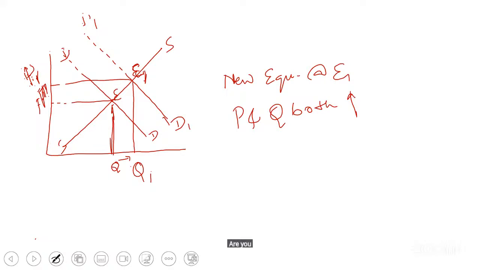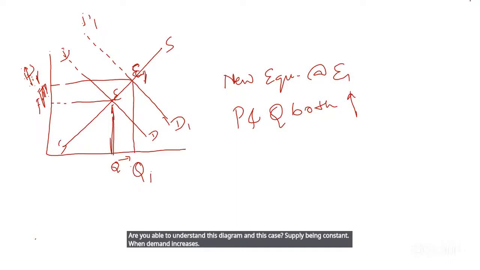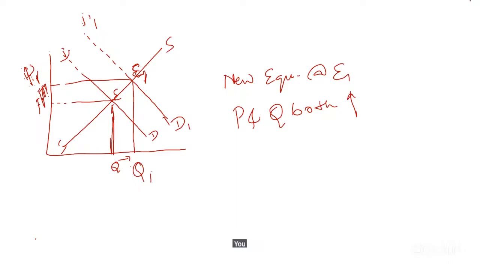Are you able to understand this diagram and this case? Supply being constant, when demand increases, both price and quantity will increase.